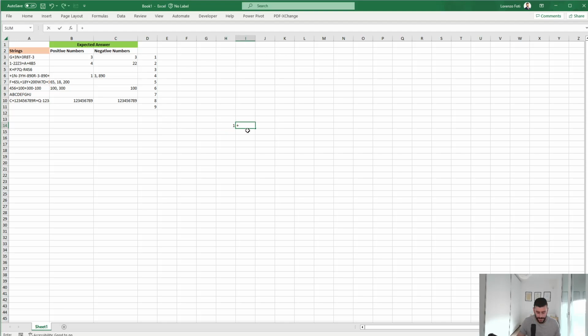I want to solve for the first one, so XLOOKUP of this here, and I want this. So the first approach that comes to my mind is to split this into a sequence of the length of this, in single characters.